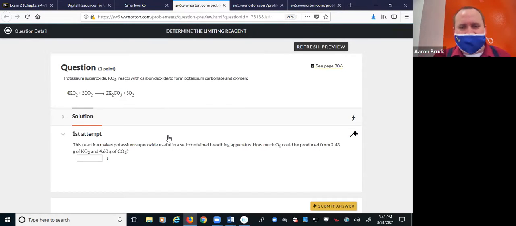Question is, how much oxygen could be produced from 2.43 grams of KO2 and 4.60 grams of CO2? Now, the process that you undergo here is exactly the same as the process that we've been doing the last 2. The only difference is we have to do it now twice, once for each reactant.